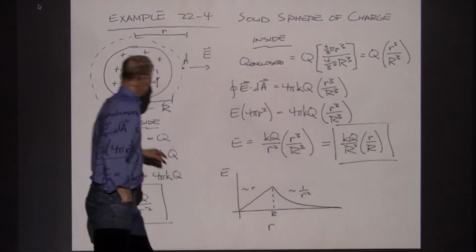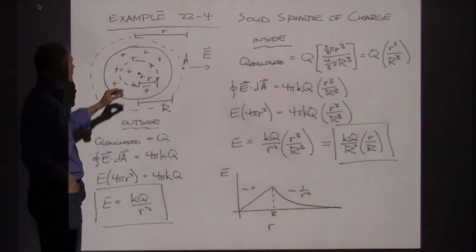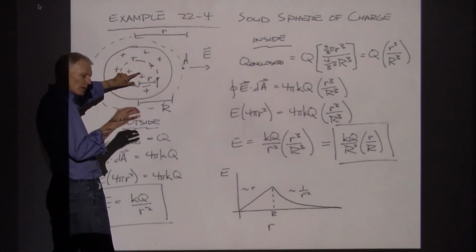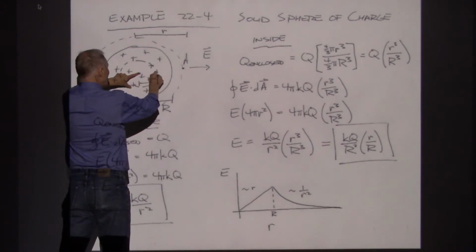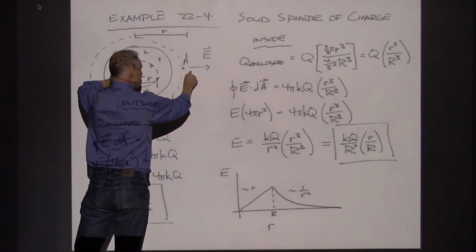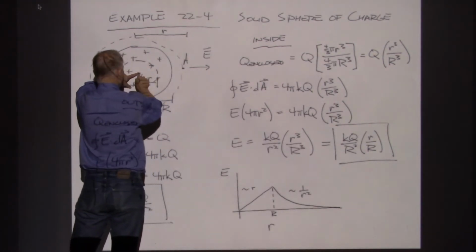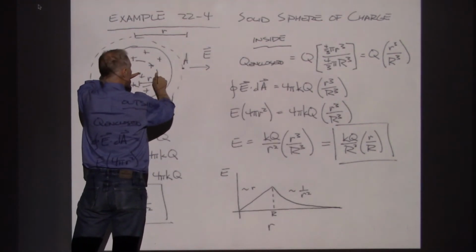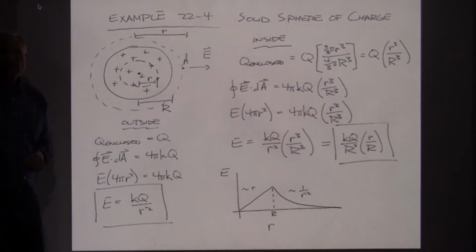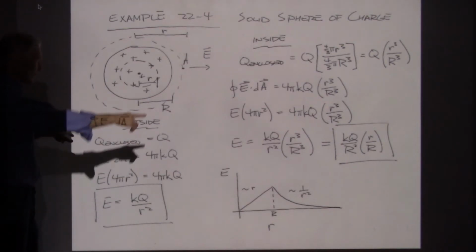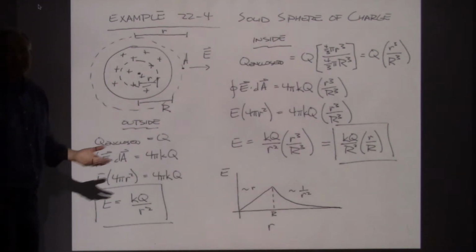But as I move, okay, let's take a walk. I'm going to start right at the center and measure the electric field. Sure enough, it's 0. Then I'm going to start walking along this path. My intention is to keep walking through the entire sphere and then out away from the sphere, doing a series of electric field measurements to see if they line up with my formulas, and they do.